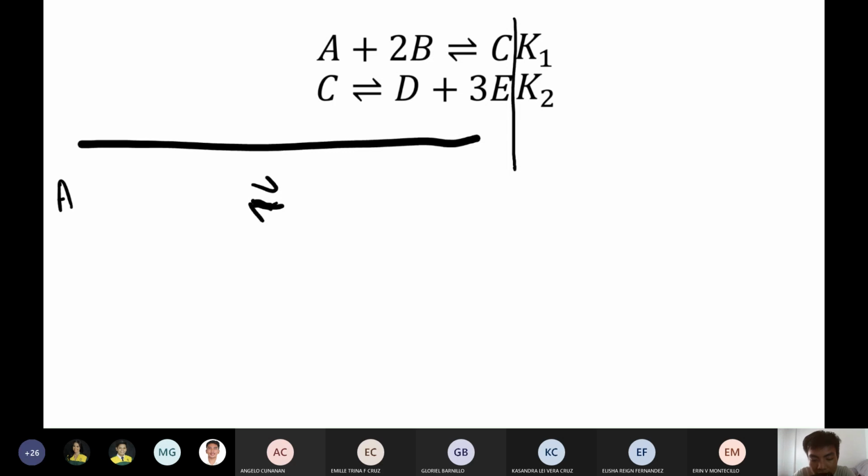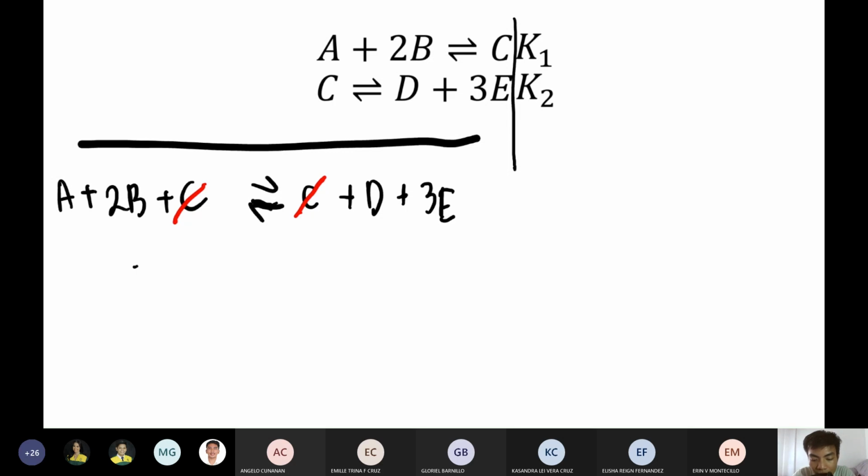So, reactant side, we have A, 2B, and C. On the product side, I have C, D, and 3E. Whenever you see similar species on both sides of the equation, you can cancel them out. So again, kapag may similar species, ika-cancel.